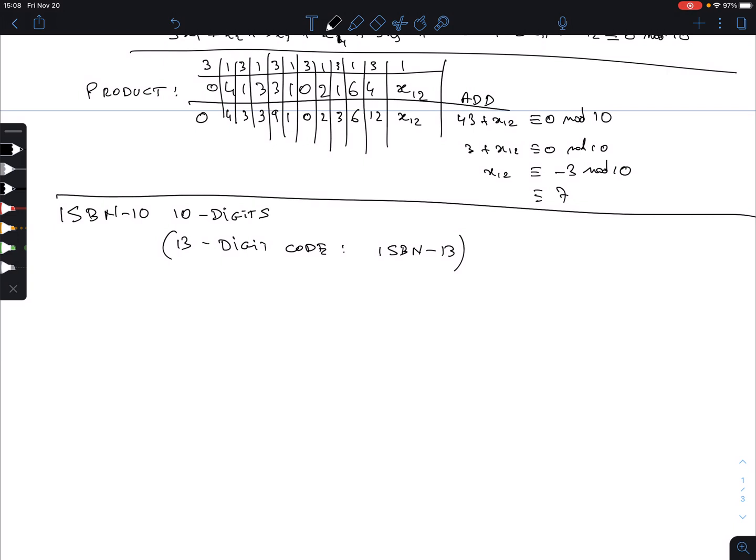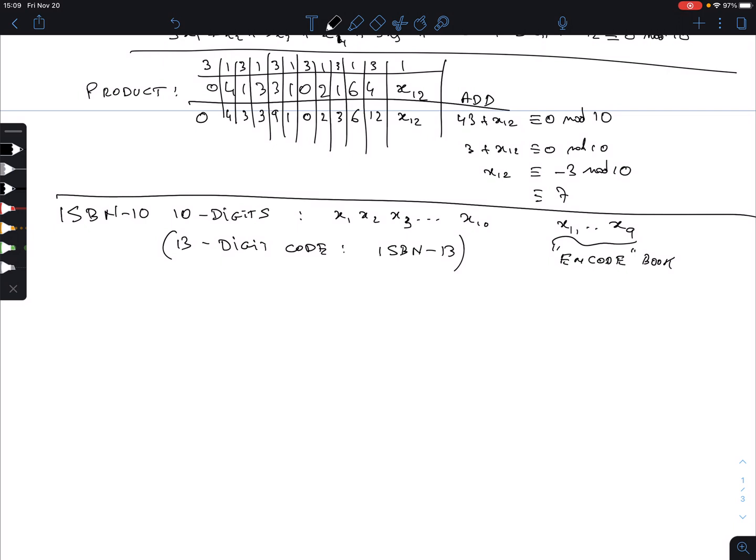So what is this ISBN 10-digit code? Every book will be assigned a code X1, X2, all the way up to X10. But there's something a little bit strange here: the first 9 of these actually encode the book. I don't mean cryptographically.